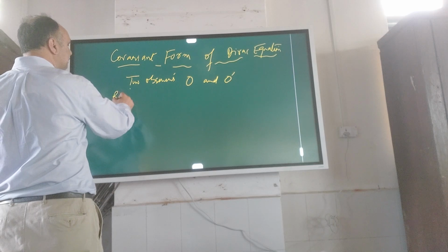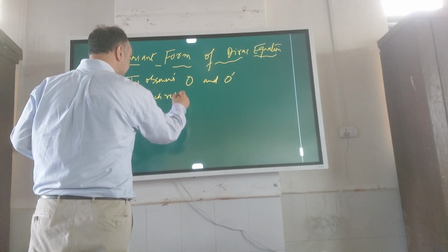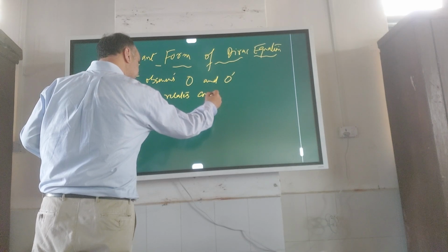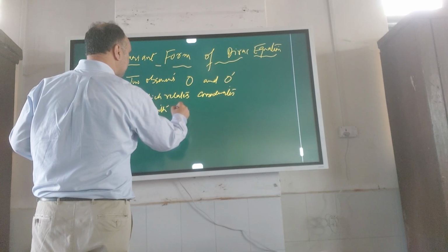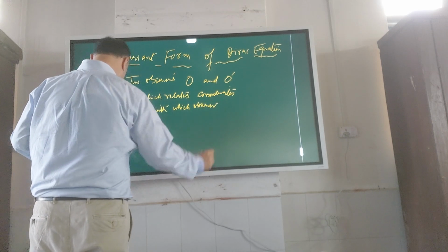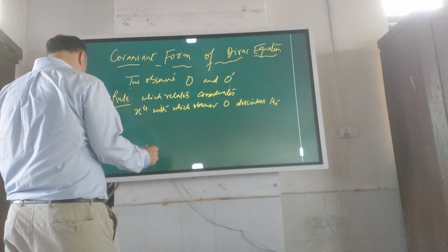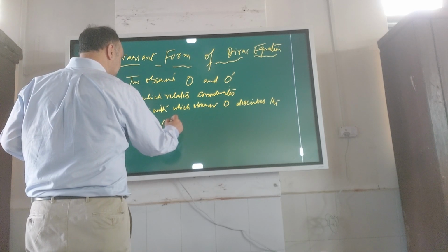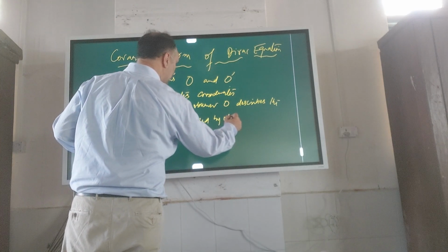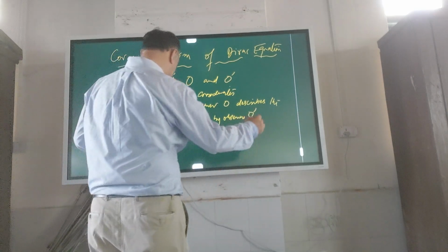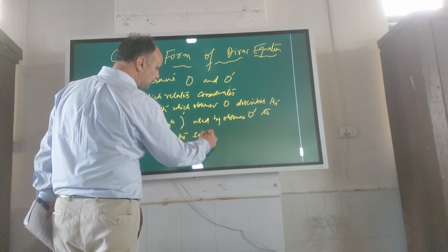So you have to construct a rule which relates the coordinates x mu with which observer O describes the event, to x mu prime, used by observer O prime to describe the same vector.